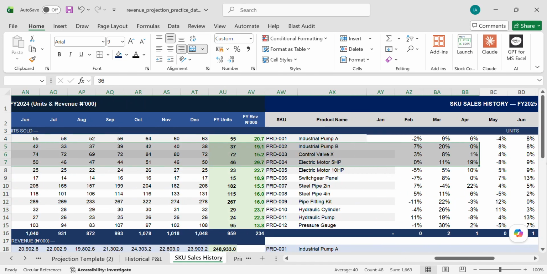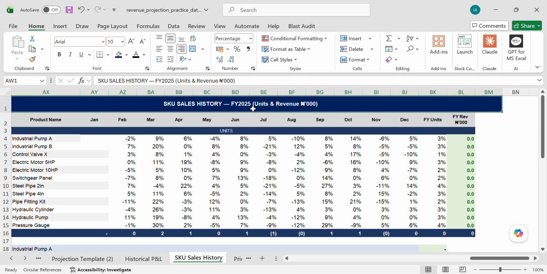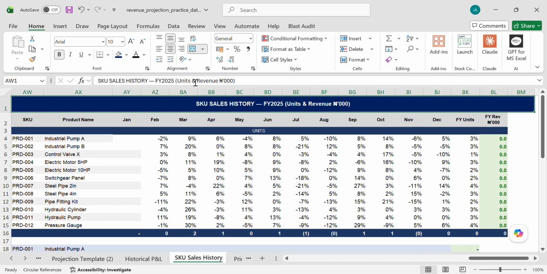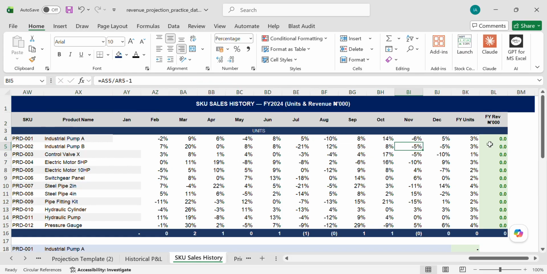So we are using 2024 as a yardstick. Good. So this will be 2024. Let's see for 2025. Okay. So averagely, this is how it has been month on month.